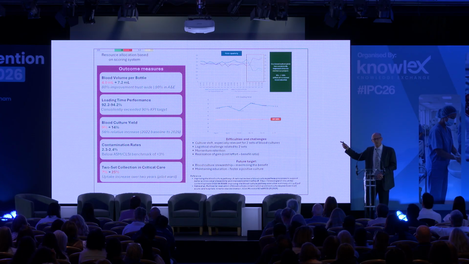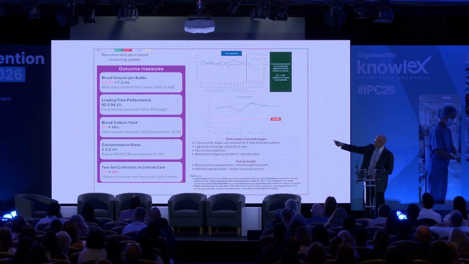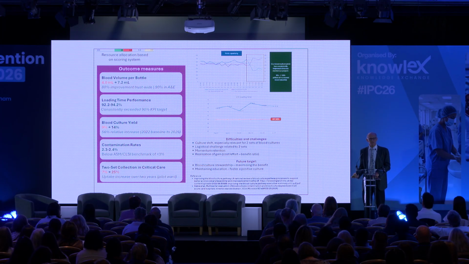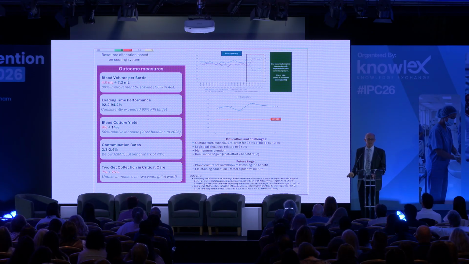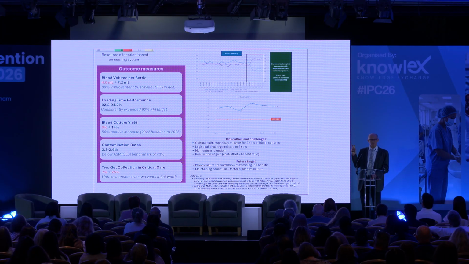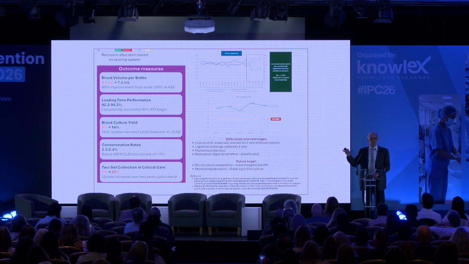Look what happened to the positivity rate of their blood cultures. It went from 9% to 14%, which is a greater than 50% relative increase. How many patients does that represent who had a positive blood culture that would have been missed by not putting the right amount of blood into the blood culture bottles? We have known about the association between the right amount of blood and the wrong amount of blood and blood culture positivity rates for about 40 years.